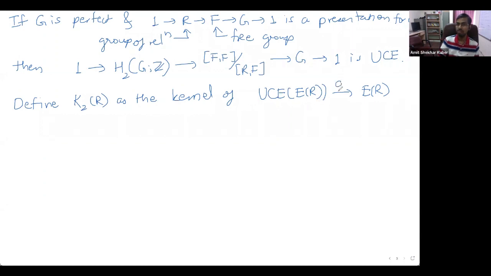This is the map phi that we have been talking about. So it is simply the kernel of this map.